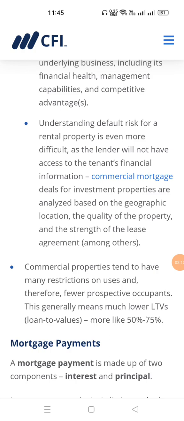Understanding default risk for a rental property is even more difficult, as the lender will not have access to the tenant's financial information. Commercial mortgage deals for investment properties are analyzed based on the geographic location, the quality of the property, and the strength of the lease agreement, among others.